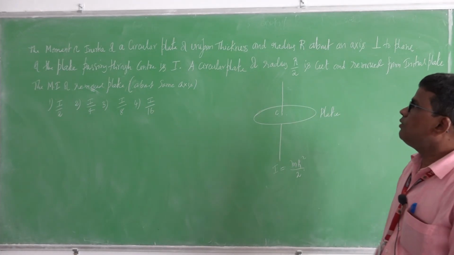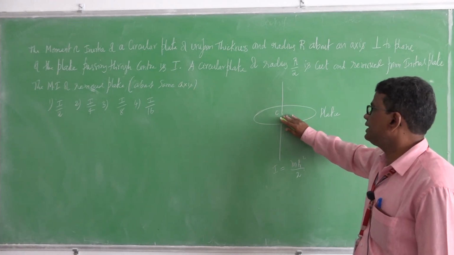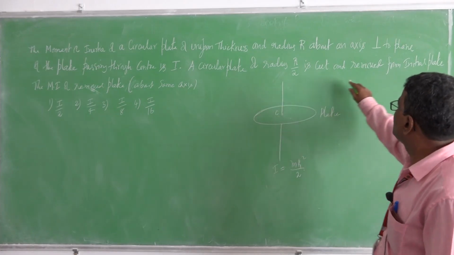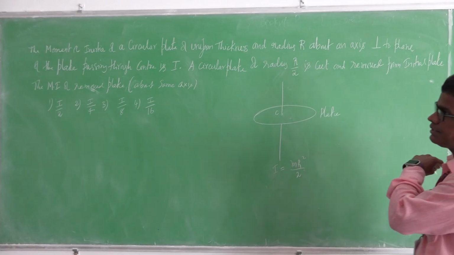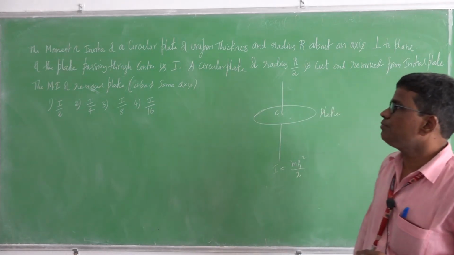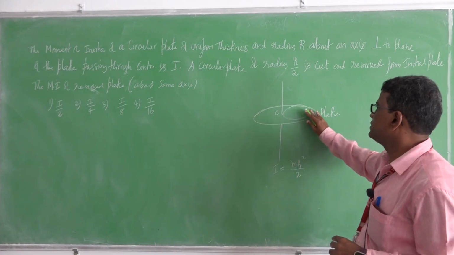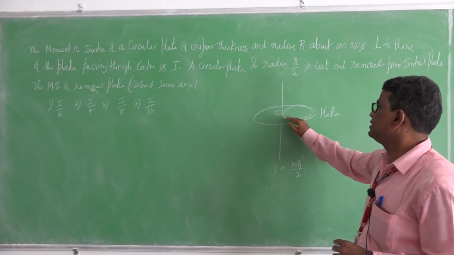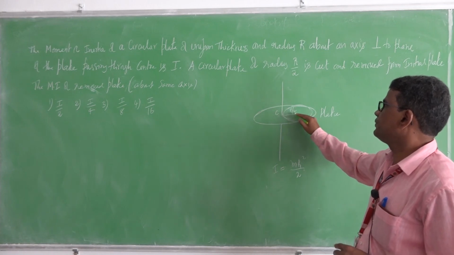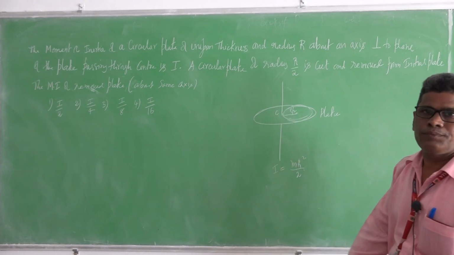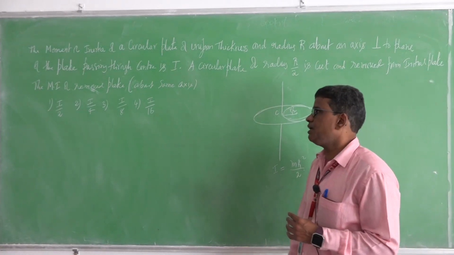Now a circular plate of radius r by 2 is removed, cut from the initial plate. The moment of inertia of the removed plate is, so first the remaining plate I will calculate. So I will remove this plate having the radius r by 2, like this. Then what is its moment of inertia?